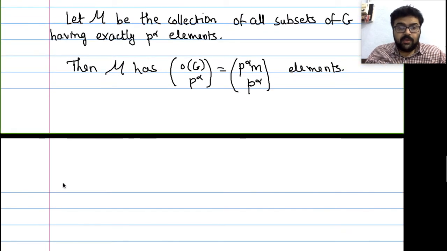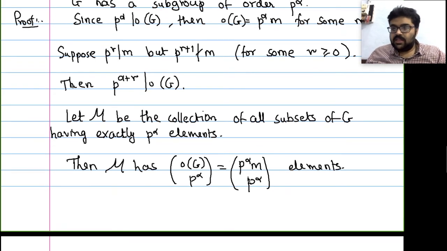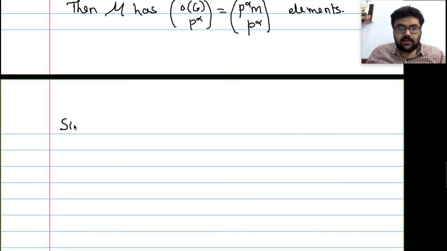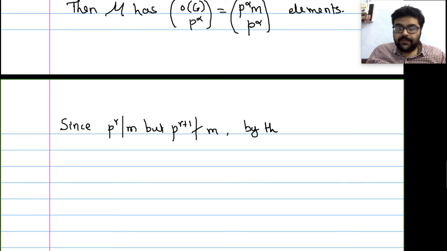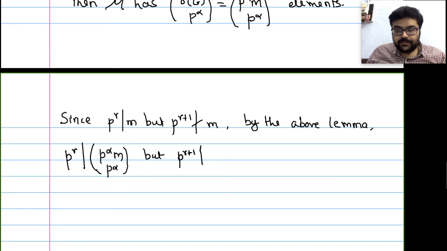So by the above lemma, since p power r divides m, but p power r plus 1 does not divide m, we can say that p power r divides p power alpha m choose p power alpha, but p power r plus 1 does not divide p power alpha m choose p power alpha.